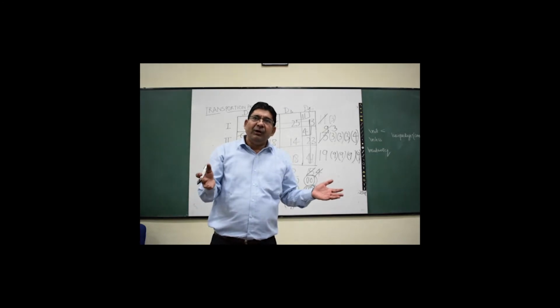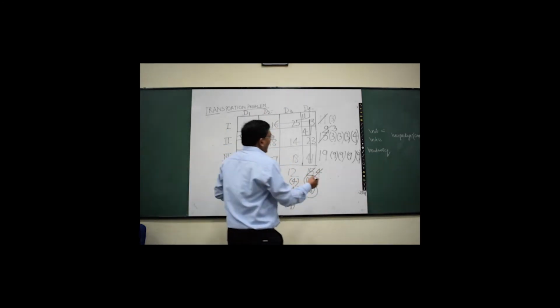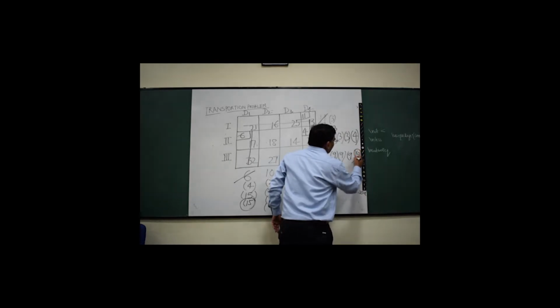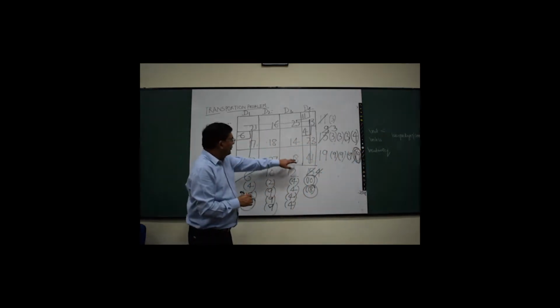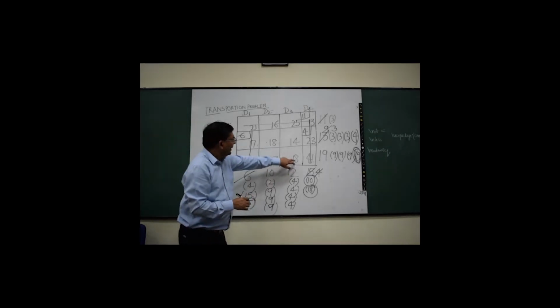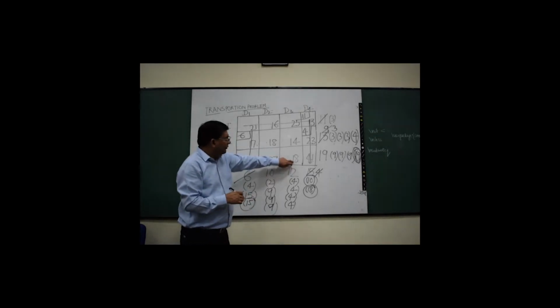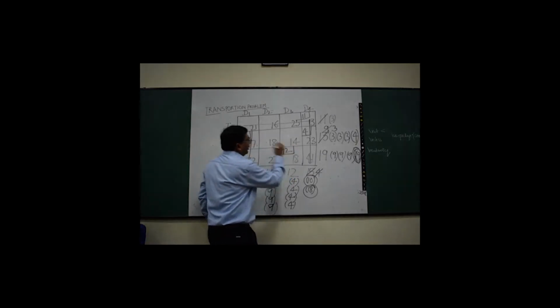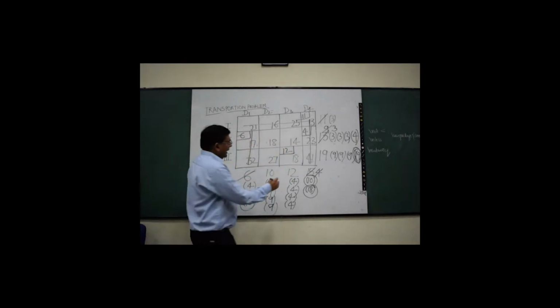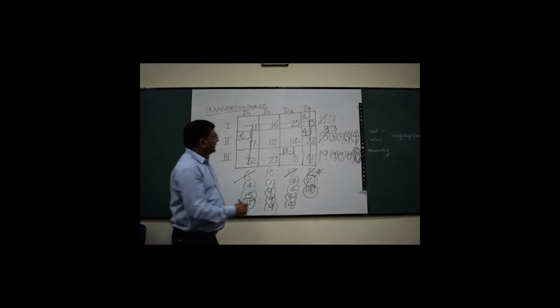If we encircle this, the minimum cost is 18, so we'll allocate 12 here, and your requirement for destination 3 is complete.